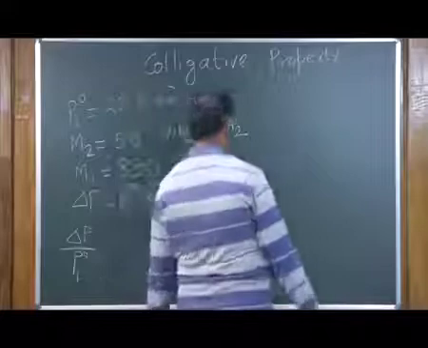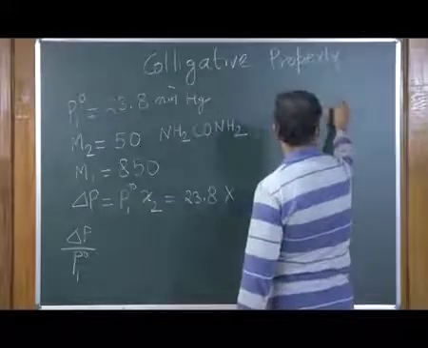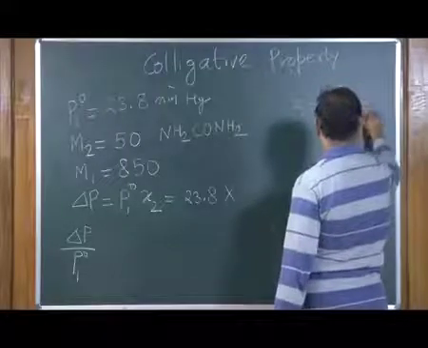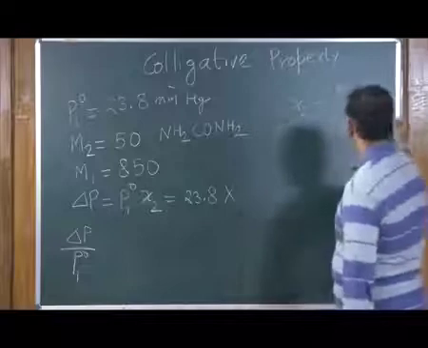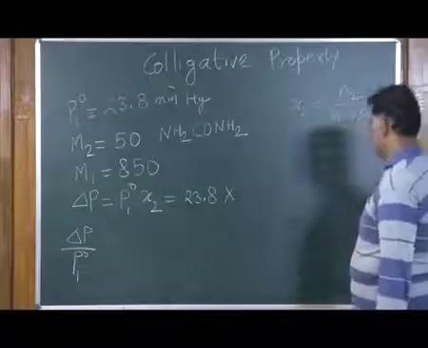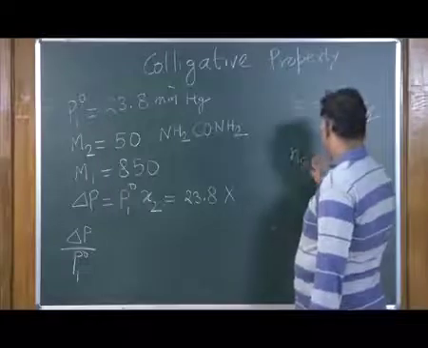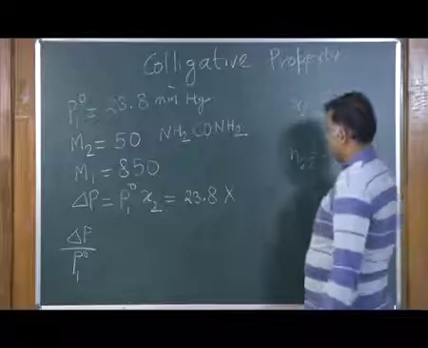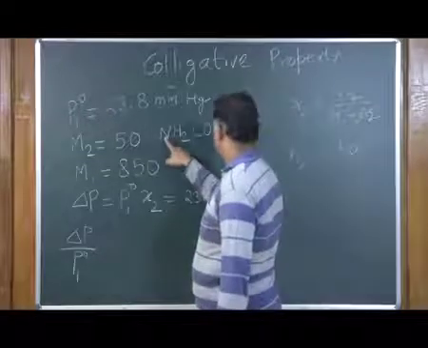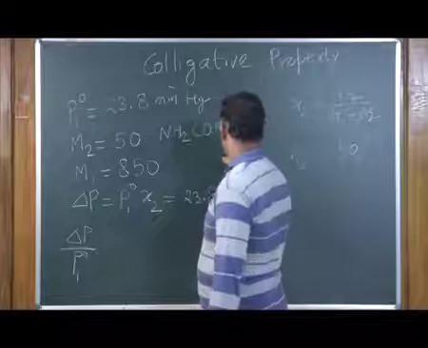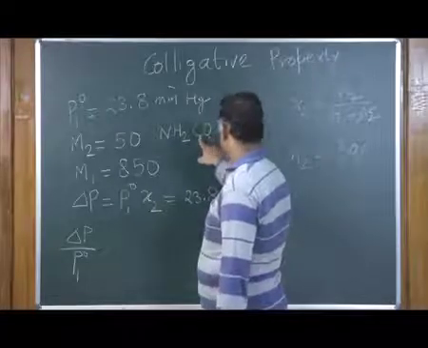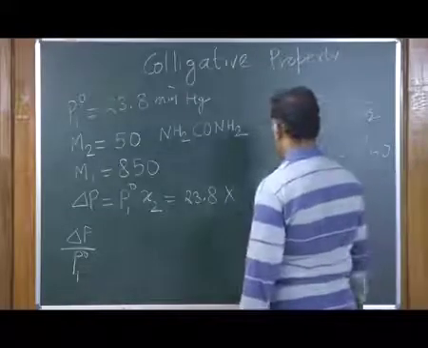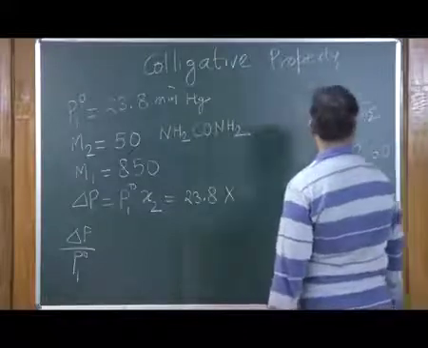So, mole fraction x2 is N2 divided by N1 plus N2, and we can ignore N2 with respect to N1, that we can see in a minute. So, N2 is going to be 50 gram divided by molecular weight. So, that is 14 plus 16, 16, 32, 48, 12, 60, 60. Okay.